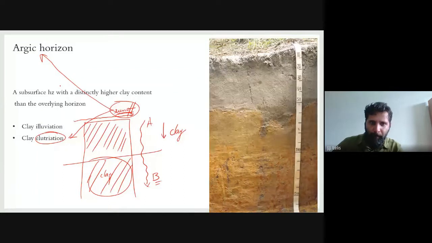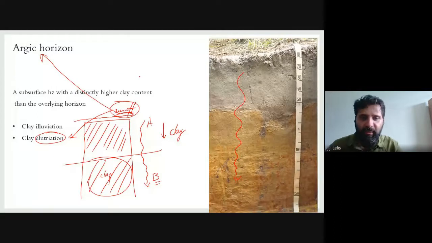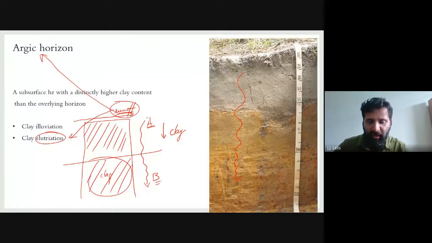Okay? They both are argic horizons. The argic horizon that's created by migration of clay from the surface to the subsurface horizon, and that B horizon that didn't lose or gain clay, but is related to a horizon that's losing clay from the landscape.